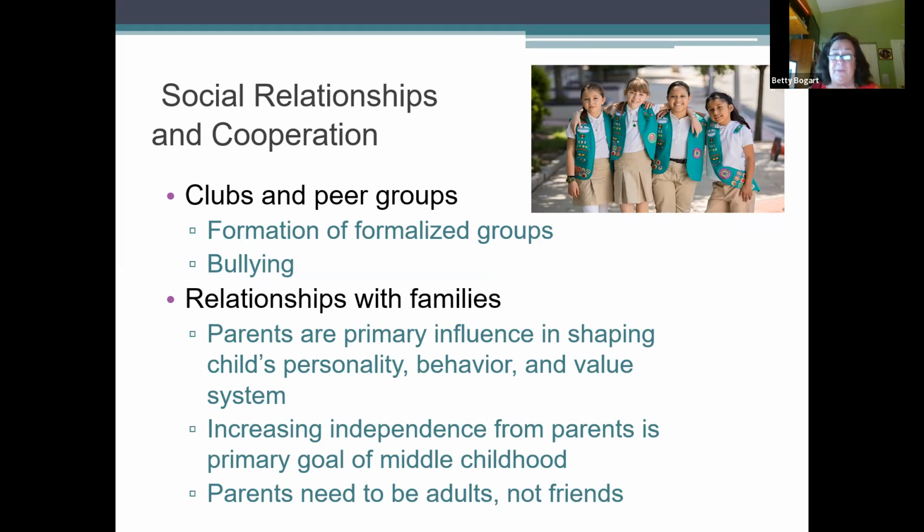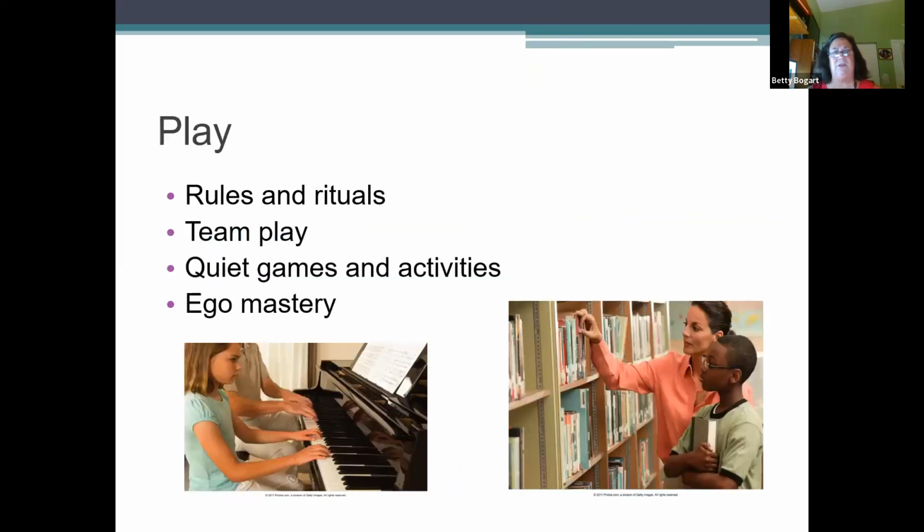So the relationships with families still need mom and dad to be a parent. They do not need them to be their friend. They still need that good structure at home, but to listen to them because there are outside influences there. I mean, mom, dad, the family is the most important influence, but there are other influences, but that needs to be watched.